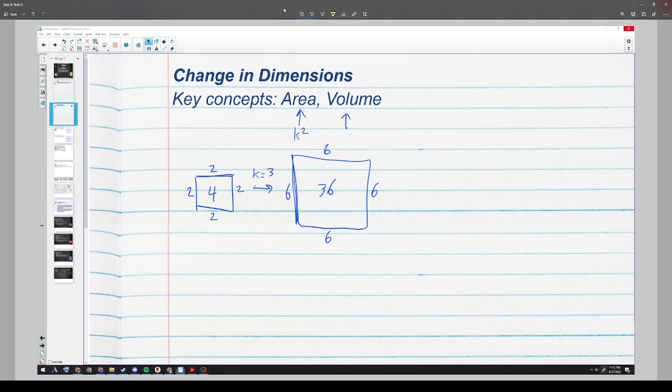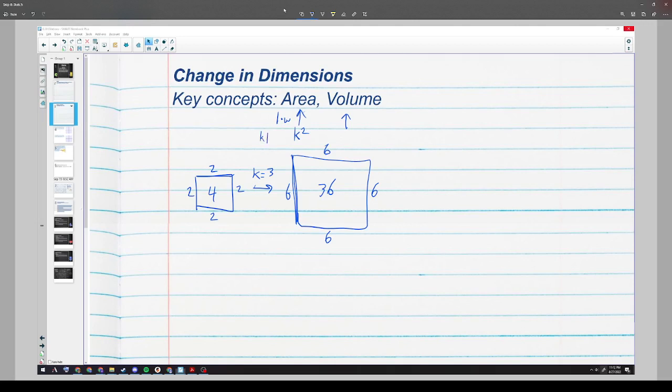Because what happens is we scale up the length and the width of the shape, or the x and y dimension of the shape. If it's not a square or a rectangle, it can be any kind of shape. But we scale up the length and the width of the shape both by k. So the area, which is length times width for a rectangle or something similar for other shapes, we're multiplying those 2 dimensions together, we end up with multiplying both of those by k.